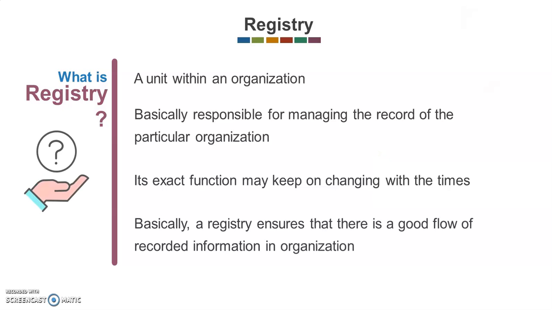A registry ensures that there is a good flow of recorded information in the organization. So the registry is the function of managing the records of the organization and ensuring a good flow of recorded information, so that whenever we need the records, they are available for us to use.